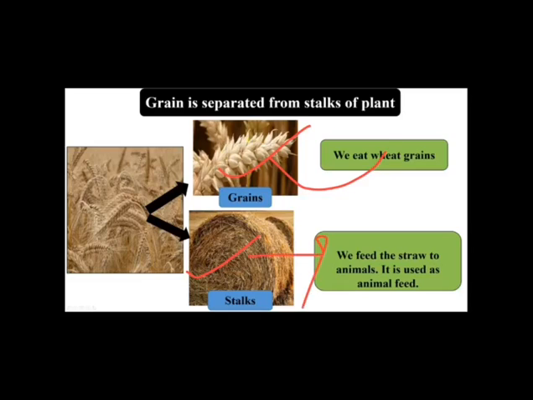So it is used as animal feed. This is one more example in which we separated the grains from the stalk. I think all of you have understood this also, right?